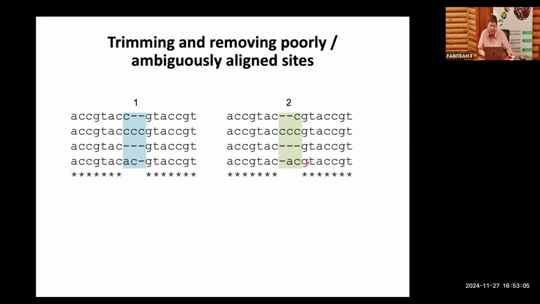You can put AC on this side. It makes no difference. So in a way, this is just an aesthetic alignment. It doesn't change anything in terms of the phylogeny. But we get worse cases where it really doesn't make sense.